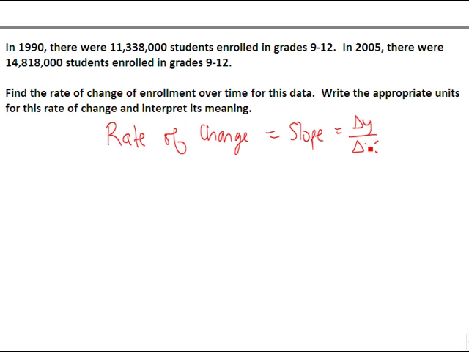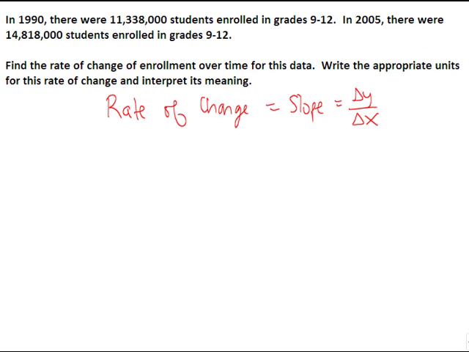So in this problem, we are told that in 1990, there were 11,338,000 students enrolled in grades 9 through 12. In 2005, there were 14,818,000 students enrolled in grades 9 through 12. Find the rate of change of enrollment over time for this data, write the appropriate units for this rate of change, and interpret its meaning.